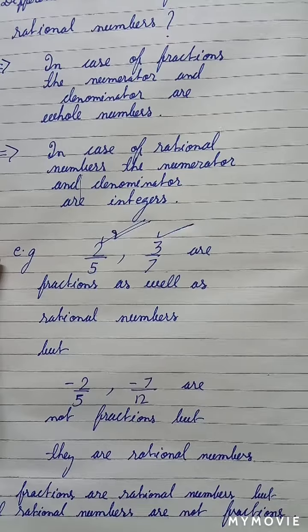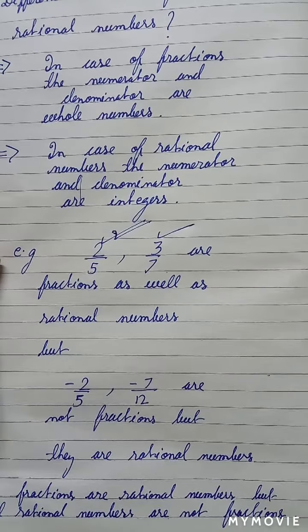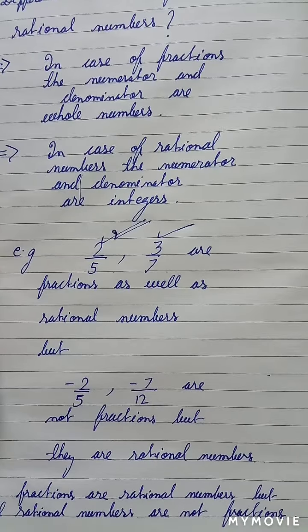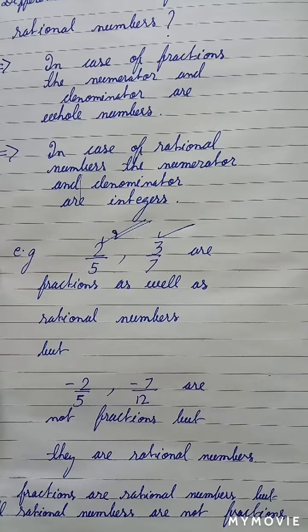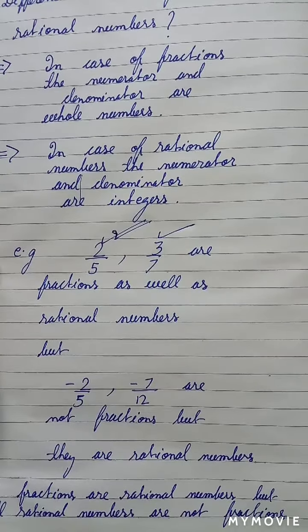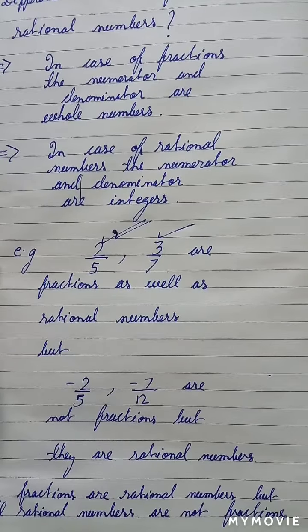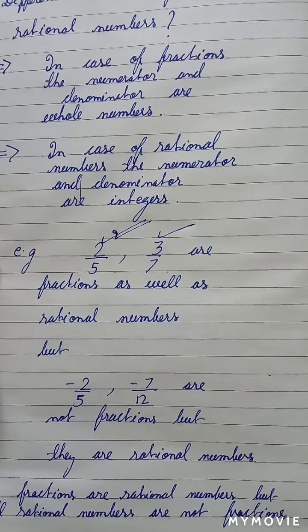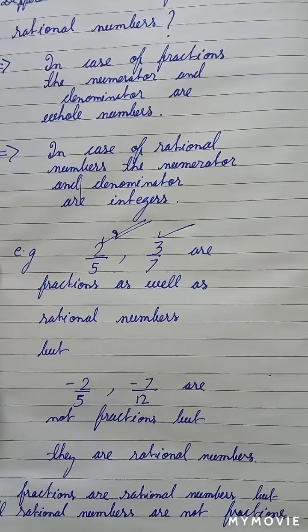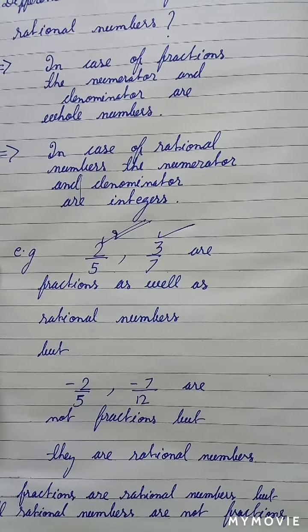So all the fractions are rational numbers, but all the rational numbers are not fractions. So we can say fractions are actually a subset of rational numbers. Rational numbers cover fractions, natural numbers, whole numbers, integers, and rational numbers themselves.